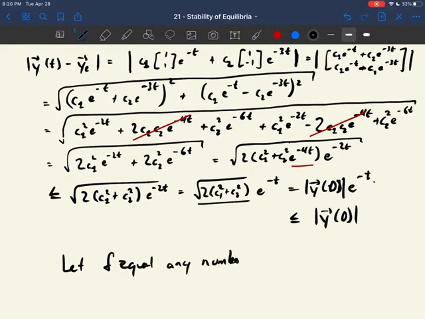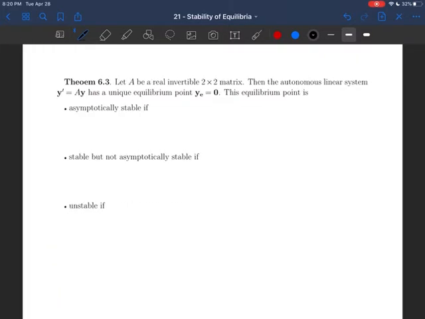They're always going to be less than the initial starting point. So if you start within delta units, you'll actually stay within epsilon units. So if you pick an epsilon, you can always let delta be any number less than or equal to epsilon, and the definition works. So in this case, 0 is stable.